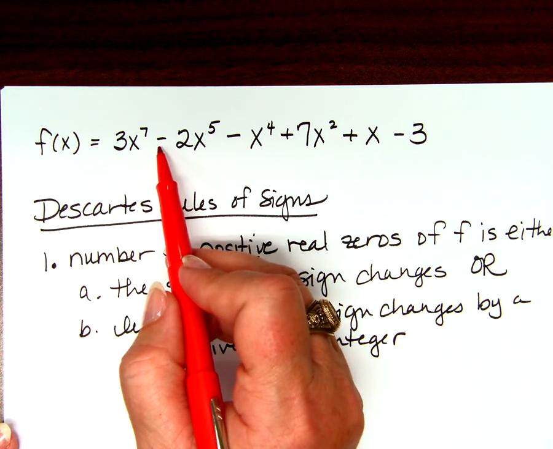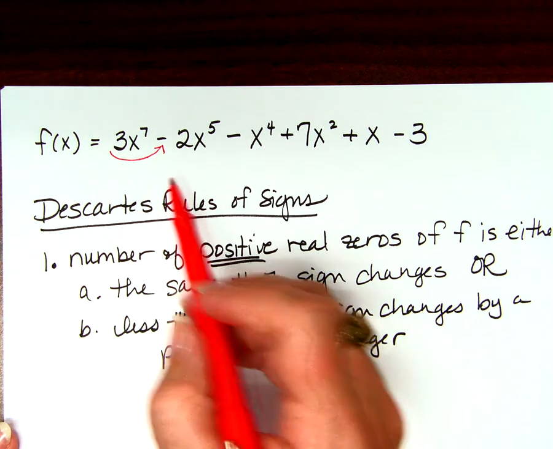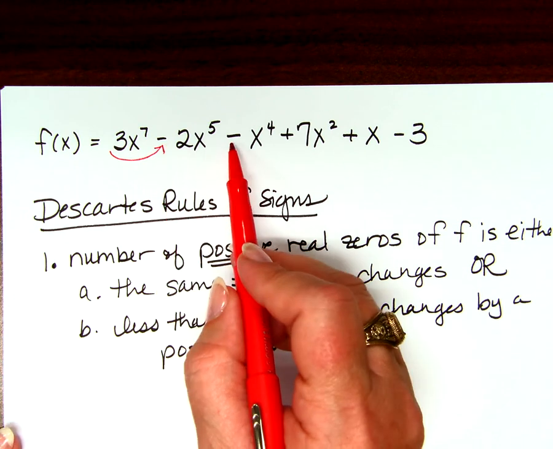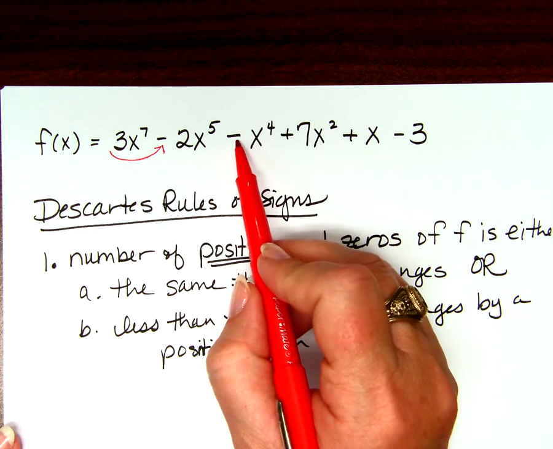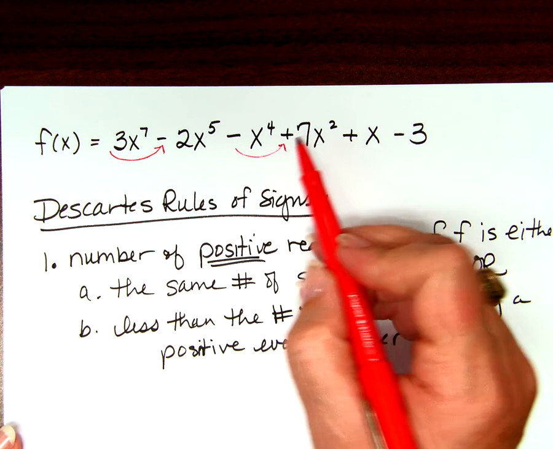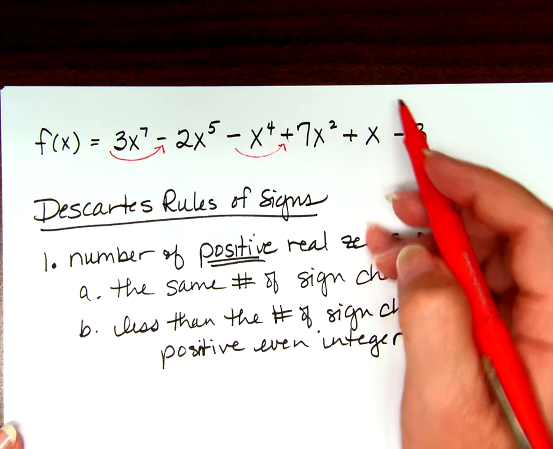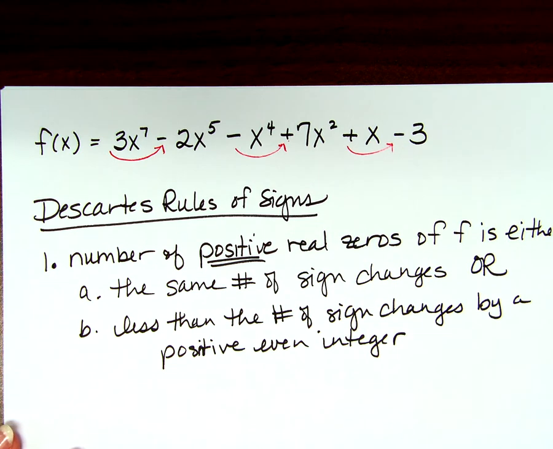So is that a sign change? So there's one sign change right there. This term is negative. This term is negative. Is that a sign change? No. This term is negative. This term is positive. Is that a sign change? Positive to positive, positive to negative. That's a sign change.